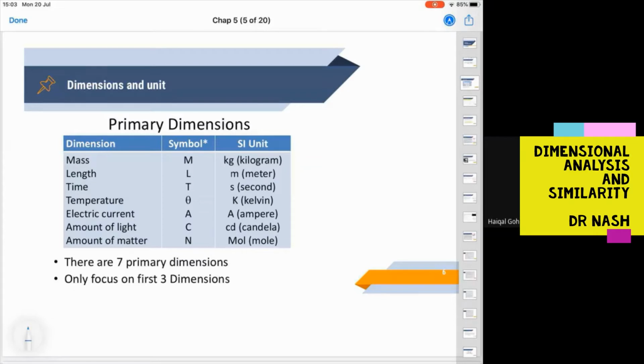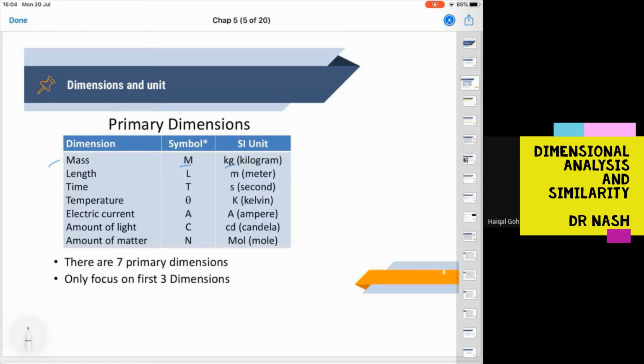Primary dimension means the common parameters that surround us, that we always encounter. Definitely there is mass, the symbol is M, the SI unit is kilogram, this we know.